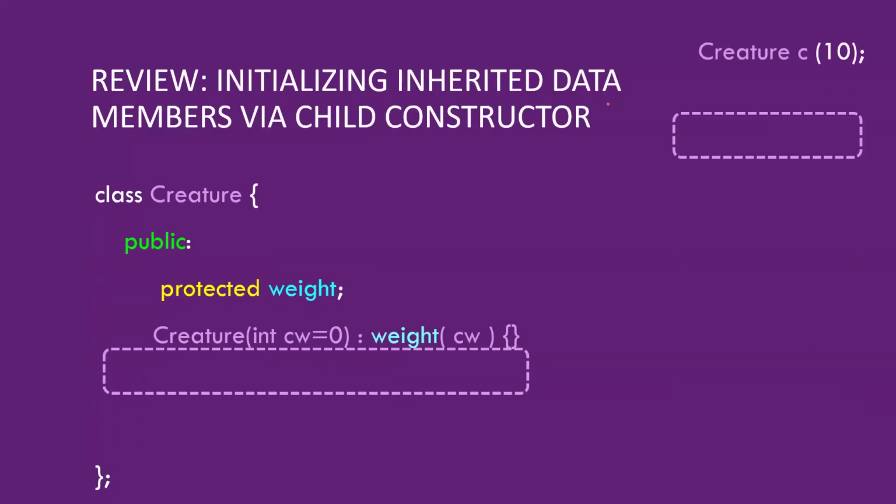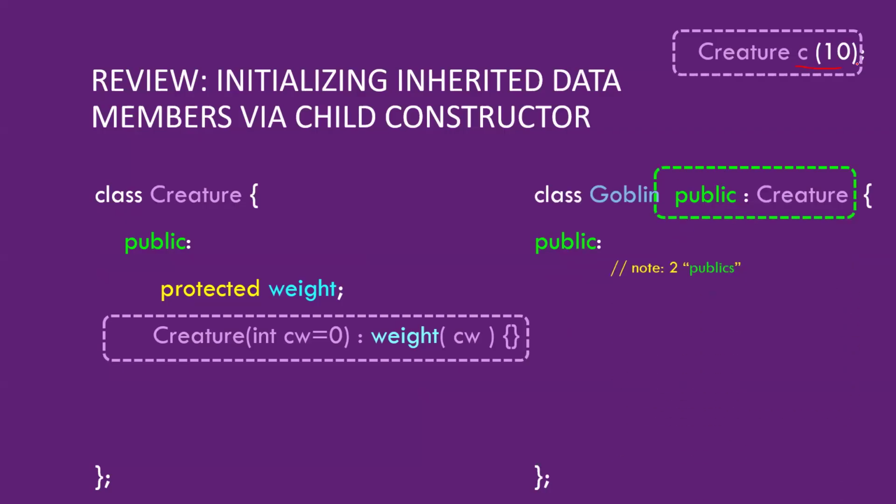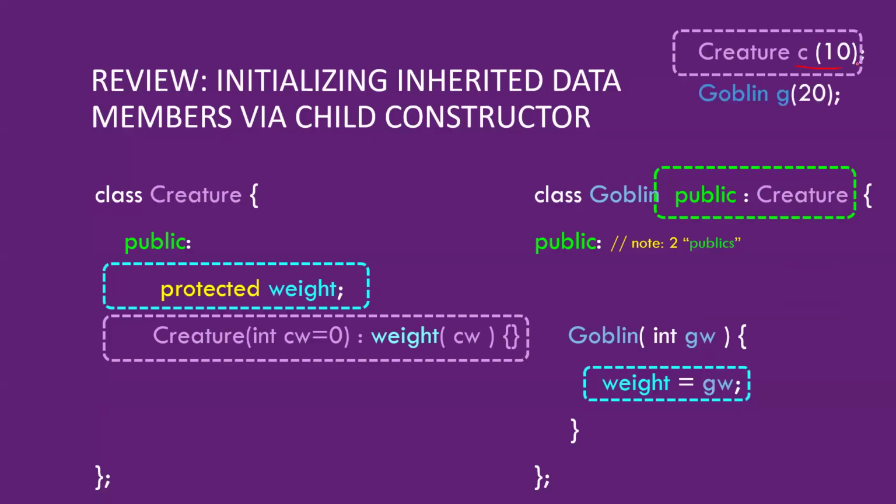Now, when we actually construct something, when we are trying to initialize a base class member, please remember that we want to do it through the constructor. So here we just have the base class called creature. And of course, we can call its constructor to initialize it. When we try to create the goblin, please do remember that although we could initialize the weight this way, it's not really the best way to do it, right?